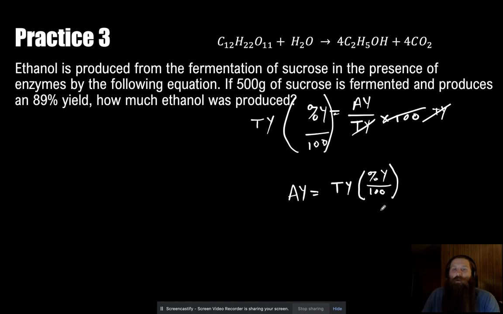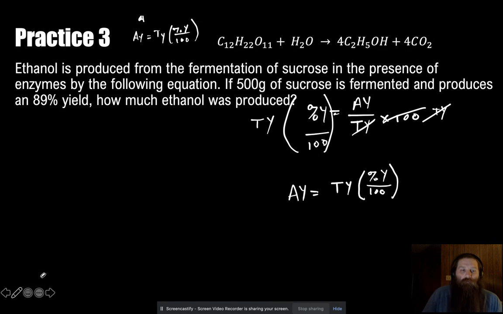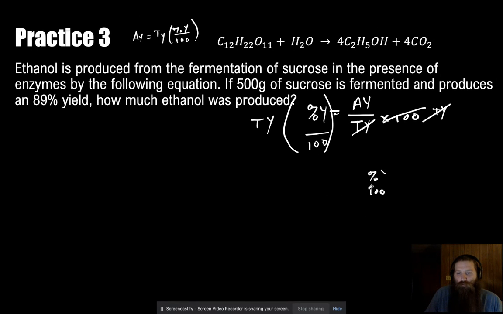All right, there we go. So we're going to write that down up here. AY equals TY times percent yield over 100. All right, so that is the formula that we need in order to get this problem right. So let's erase this, and we'll work our problem.